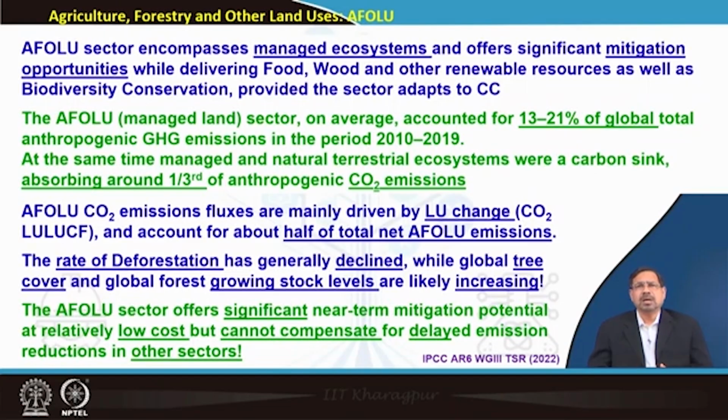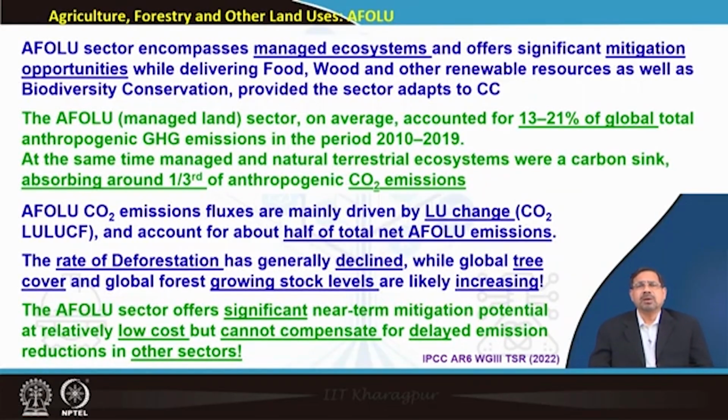These are the basic services we receive from vegetation and vegetation systems. But if we manage it properly, then in addition to these basic services, we will get services as far as carbon and climate change benefits are concerned.